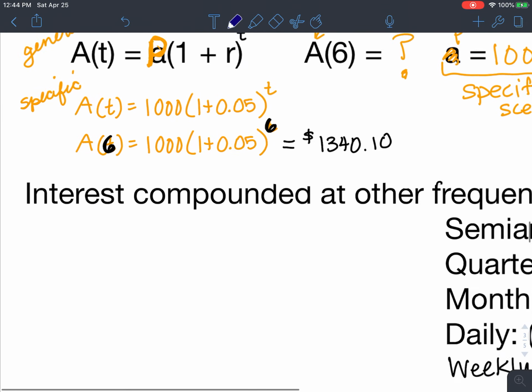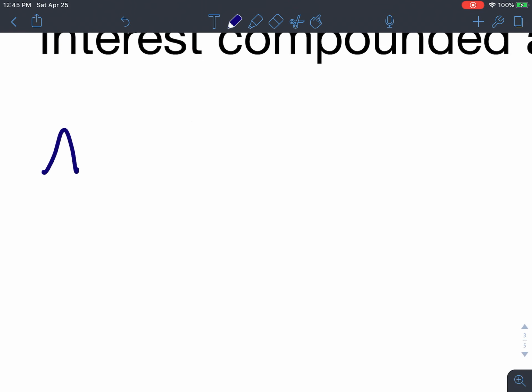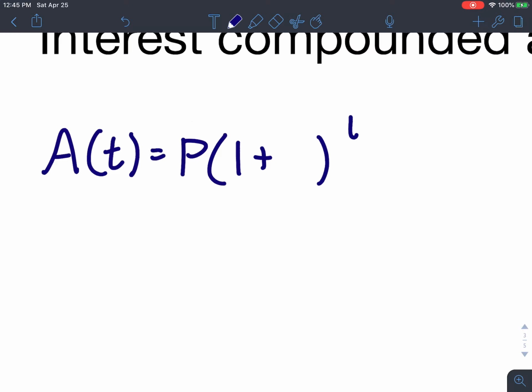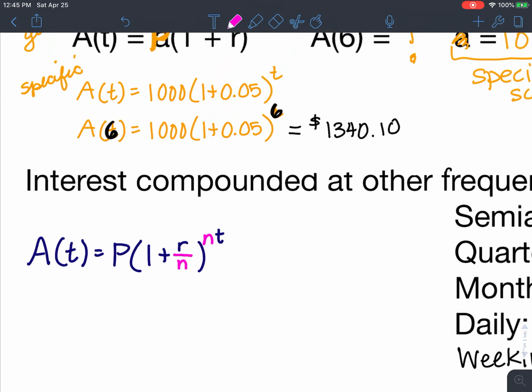If it's not compounded annually, though, you need yet another formula. And that formula is based on the one from up here, but it's a little different because the interest isn't compounded once. It's compounded multiple times. So the difference here is the number of times the interest is compounded.